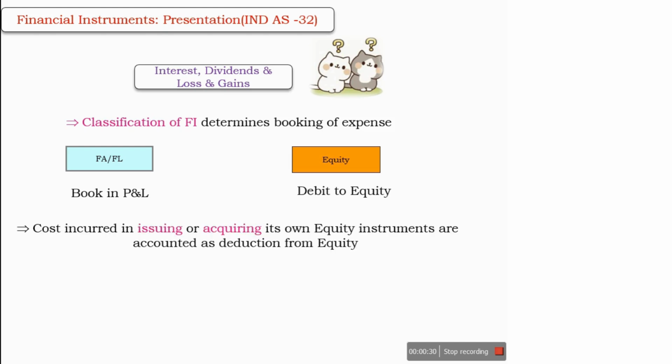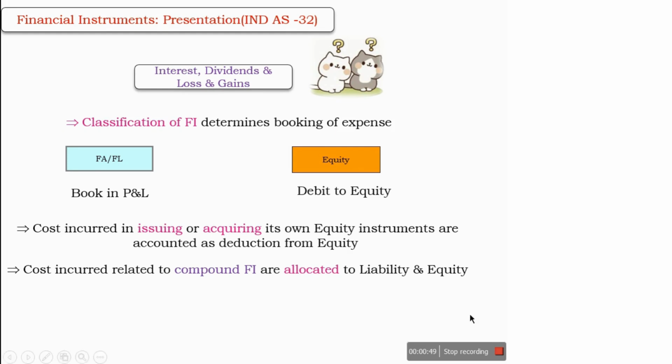Similarly, the costs incurred in issuing or acquiring its own equity instruments are deducted from equity, and the costs incurred related to a compound financial instrument that has both components of financial liability and equity will be allocated to liability and equity accordingly.